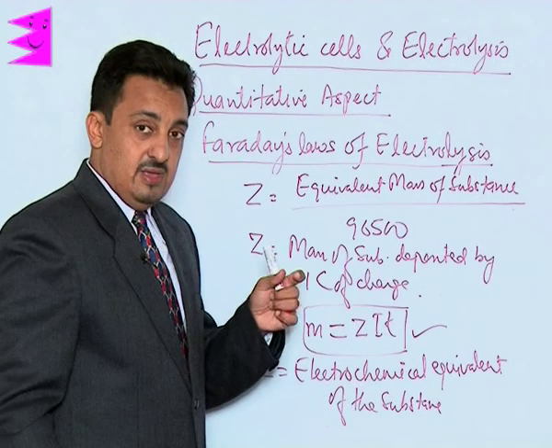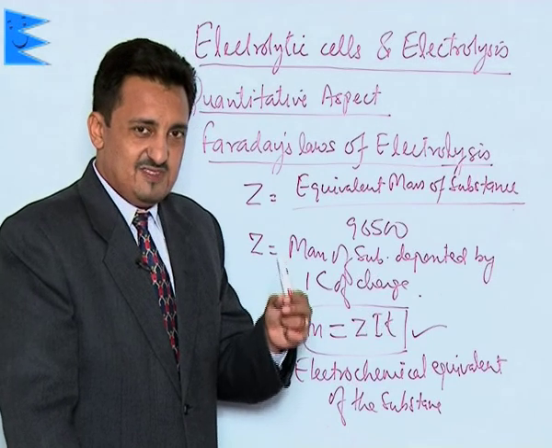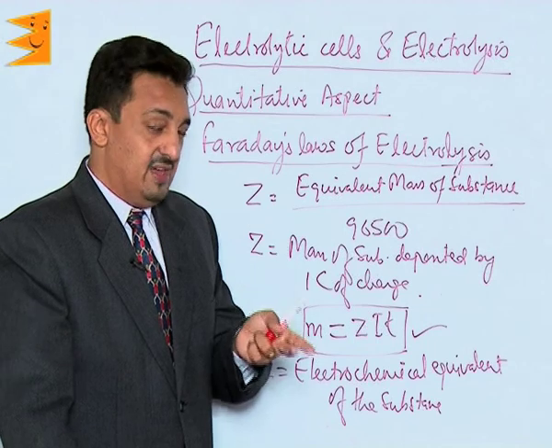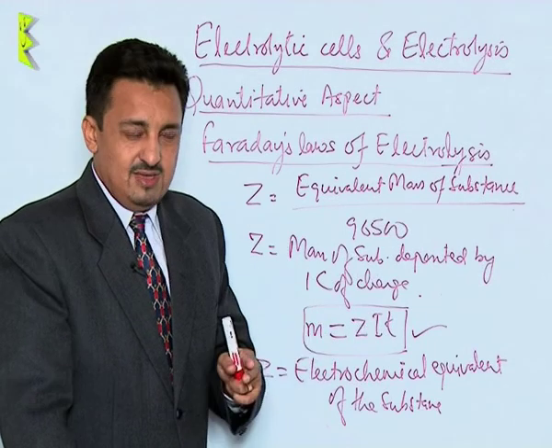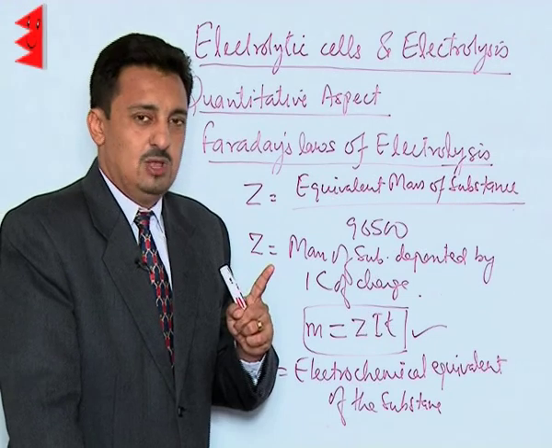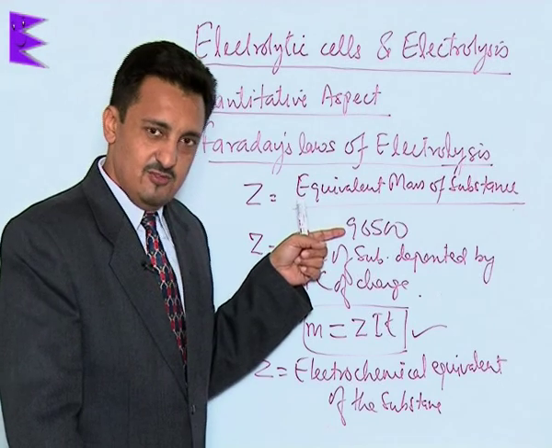Equivalent mass we know is the mass of a substance which is deposited by 1 Faraday, whereas the electrochemical equivalent is the amount of the substance which gets deposited by 1 coulomb of charge. That is why we are dividing it by 1 Faraday, 96500.